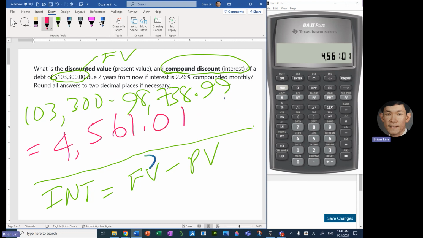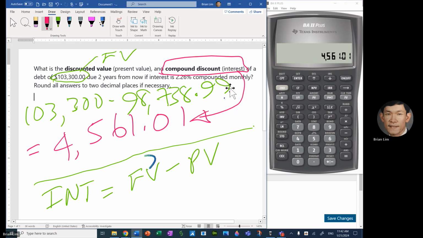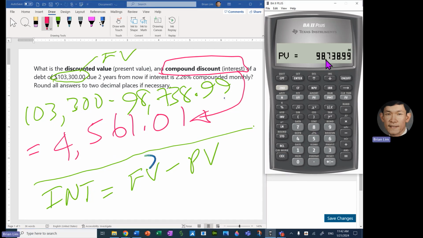So that is the compound discount, or the interest, and the present value is this number right here, $98,738.99.